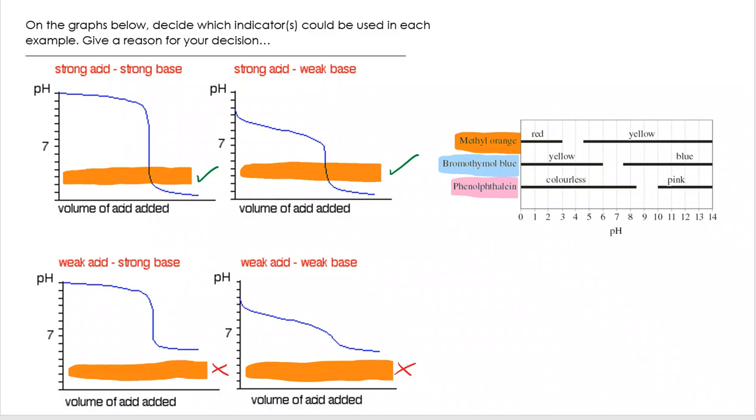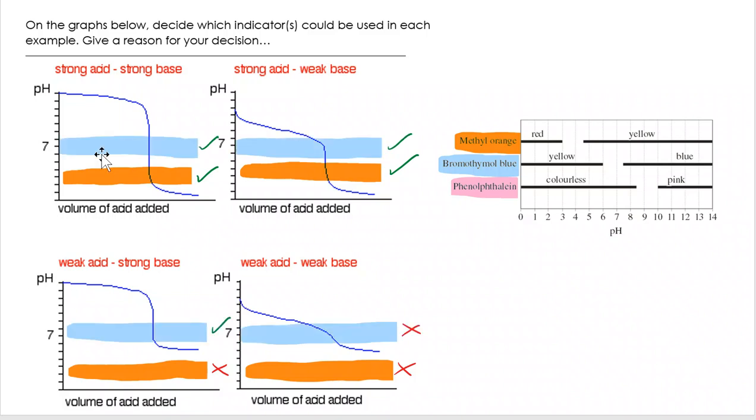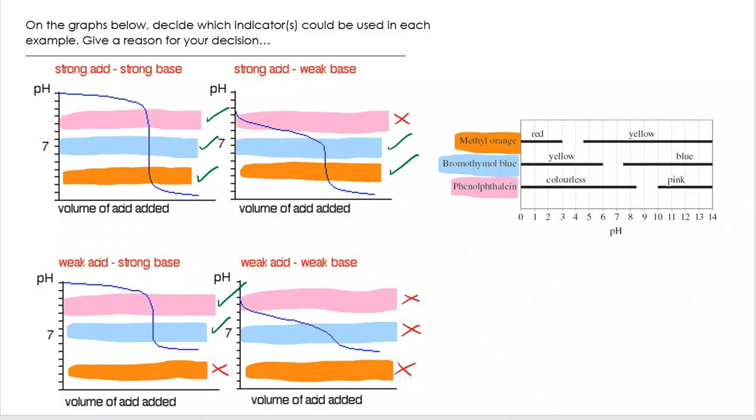Let's move on and take a look at bromothymol blue, which changes around 6 to 7.5. Well, it would work with a strong acid strong base. It would sort of work with a strong acid weak base, though you're getting a little bit of a lip there depending on where you would actually be seeing the change. We would definitely get the change on the weak acid strong base in the right place, but it would not work with the weak acid weak base.